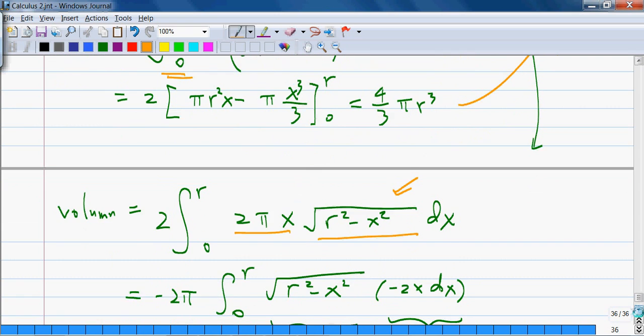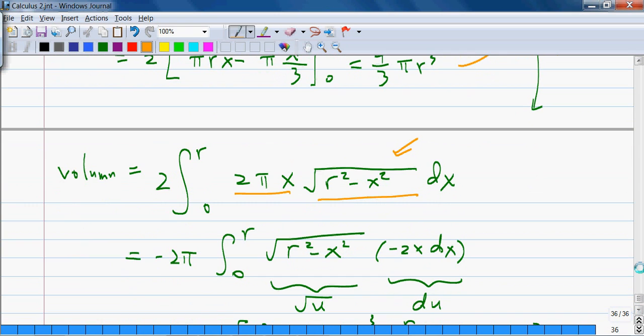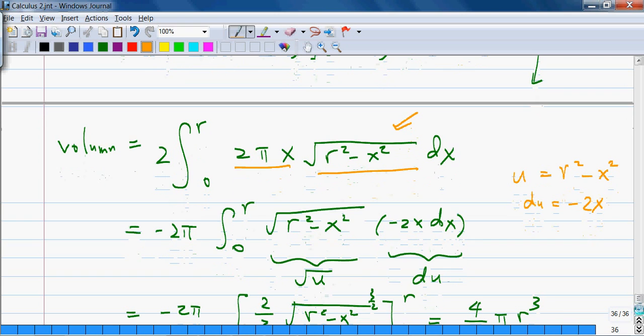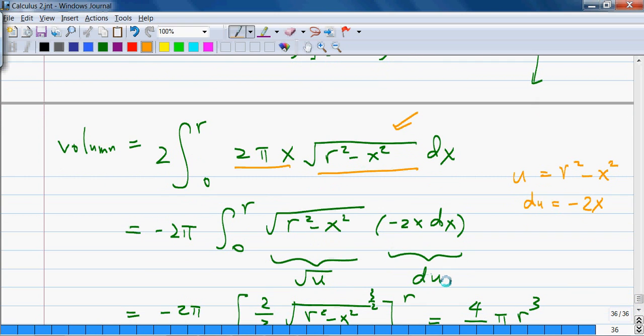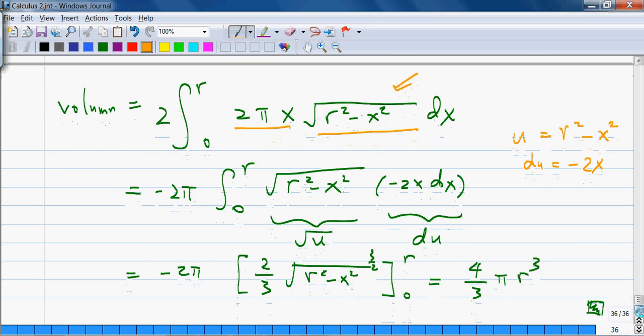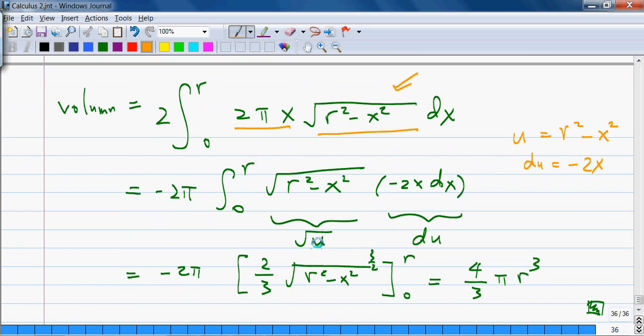The way to integrate this is using substitution. Suppose u is equal to r squared minus x squared, then du is basically minus 2x dx. So we have the square root of u du then.